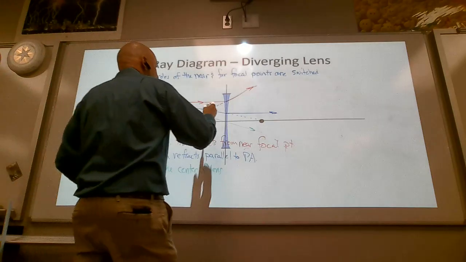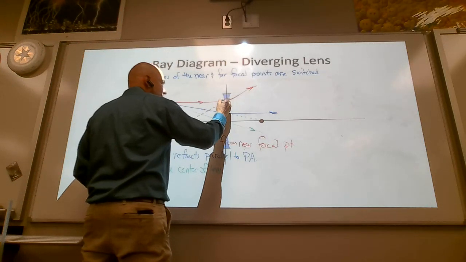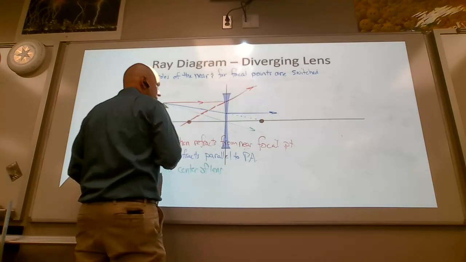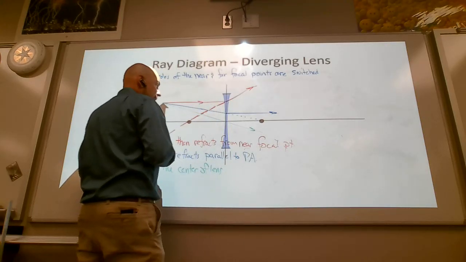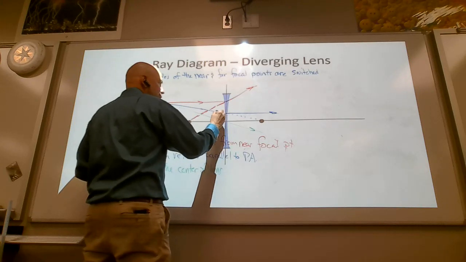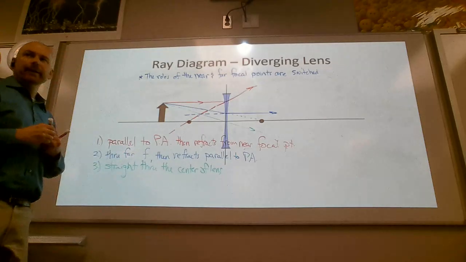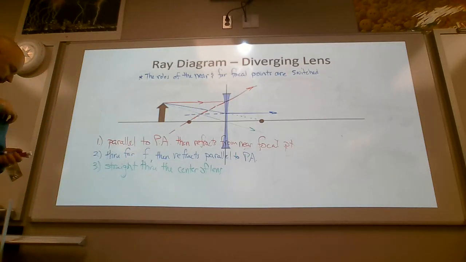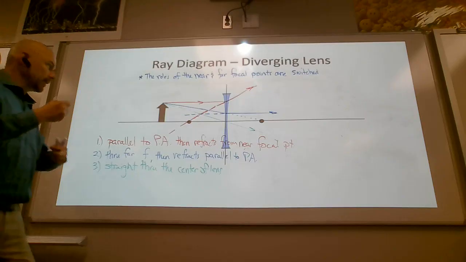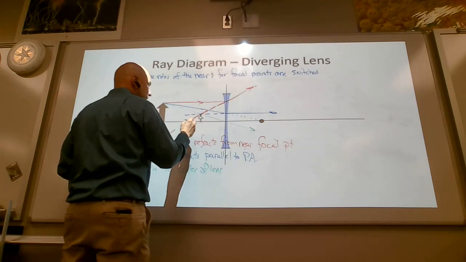Extend it backwards. So the red one's easy. It just follows that dashed line. Extend that one backwards. The blue does not do that. We need to extend this one backwards. The green one is there already. And so we find this is your image for a diverging lens.